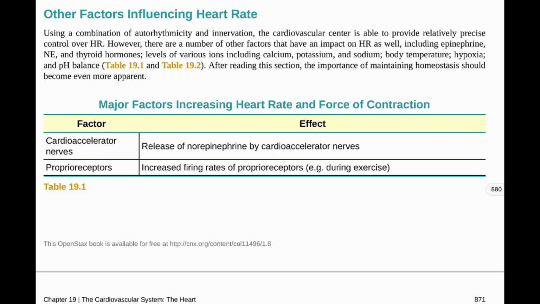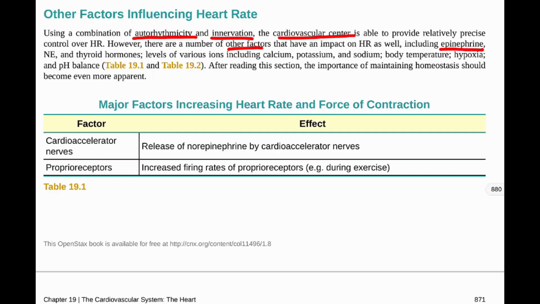So now we're going to talk about things that are outside of that. Using a combination of autorhythmicity and innervation, the cardiovascular center is able to provide relatively precise control over heart rate. Those are the things that we just talked about. However, there are other factors that have an impact on heart rate.